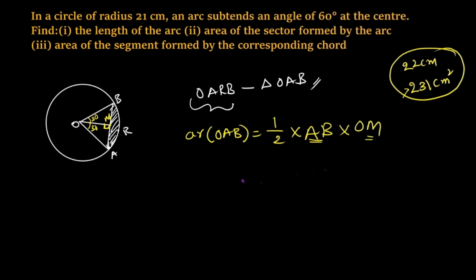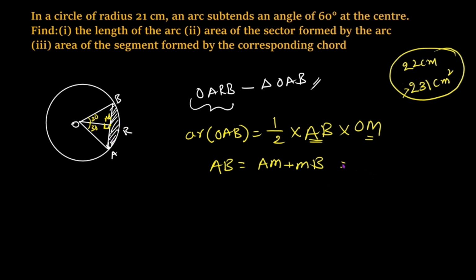So now let's see. AB is the sum of AM and MB, right? Both are equal, because in here it's bisecting the angle, and this angle is 30 degrees here.